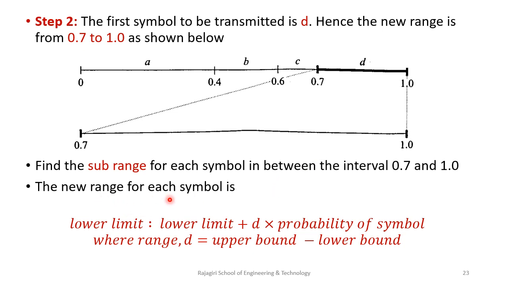The new range for each symbol is defined as lower limit to an upper limit, where the upper limit is defined as lower limit plus D times the probability of the symbol, where D is defined as the range of the interval, which is the upper bound minus the lower bound.